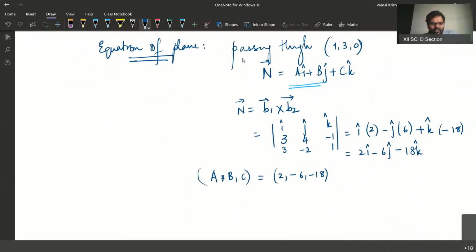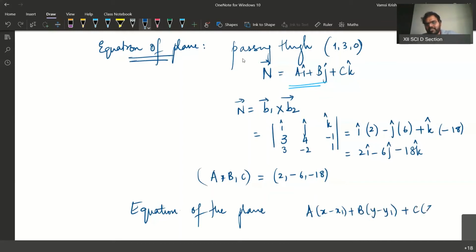The equation of the plane will simply be a times (x minus x1) plus b times (y minus y1) plus c times (z minus z1) equal to 0. What is x1, y1, z1?